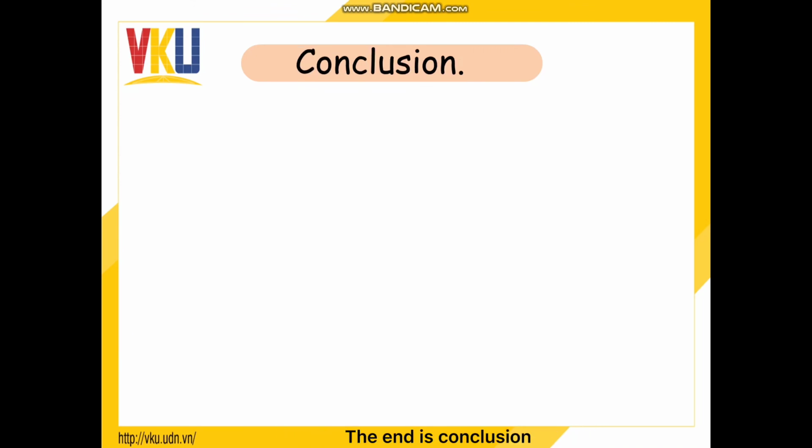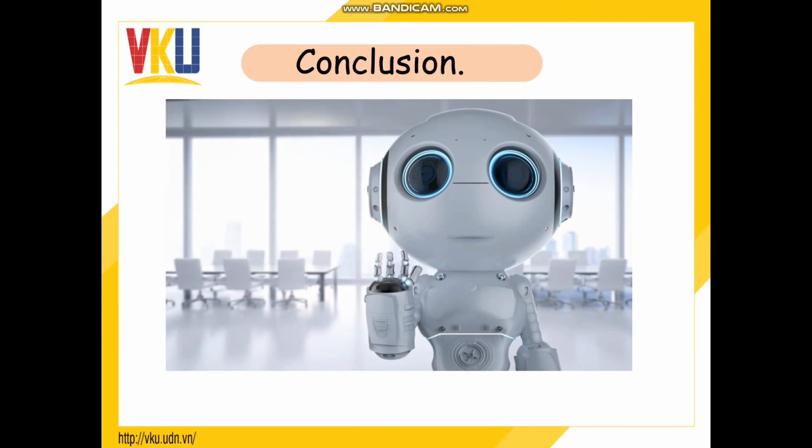And the end is conclusion. It's forecast that in the next 20 years, people will have the need to use a personal robot like a PC today, and the robot will be the focus of a major technological revolution after the internet.